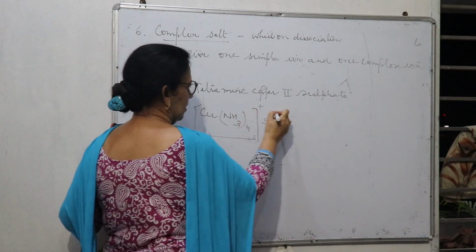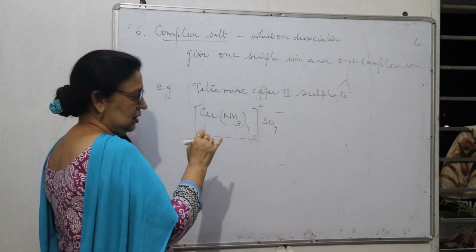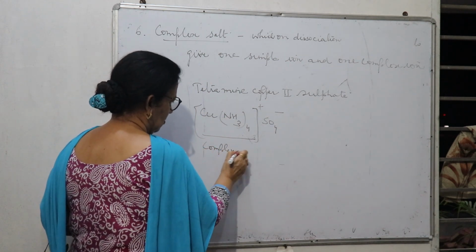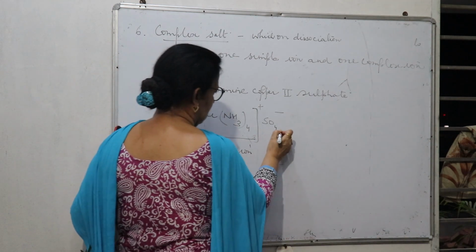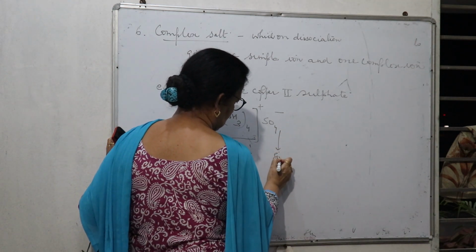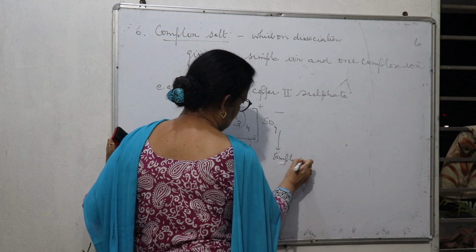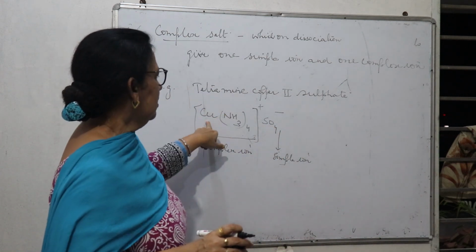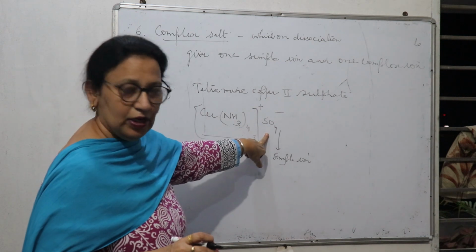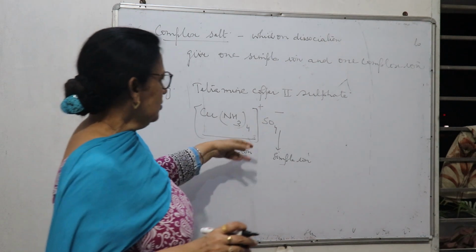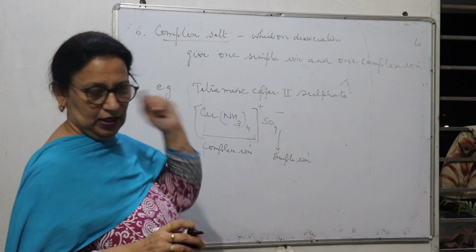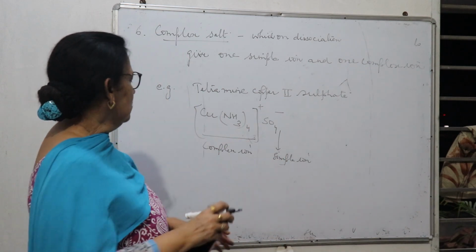Here the positive part is the complex ion and the negative part is the simple ion. So a salt which, when dissolved in water, gives one complex ion and one simple ion. It is not necessary that the negative part is the simple ion. Sometimes the negative part can also be complex.